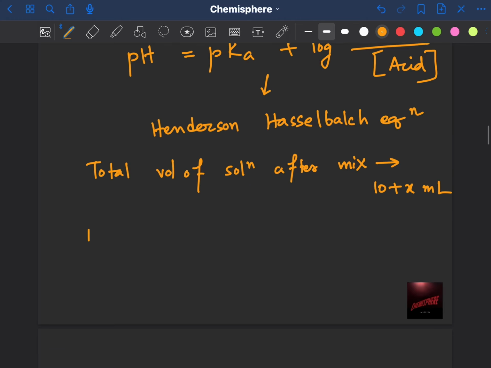Next, let's calculate the number of moles of salt. We know molarity is number of moles divided by volume of solution in liters. So number of moles of salt will be molarity of the salt into volume of the salt solution in liters.